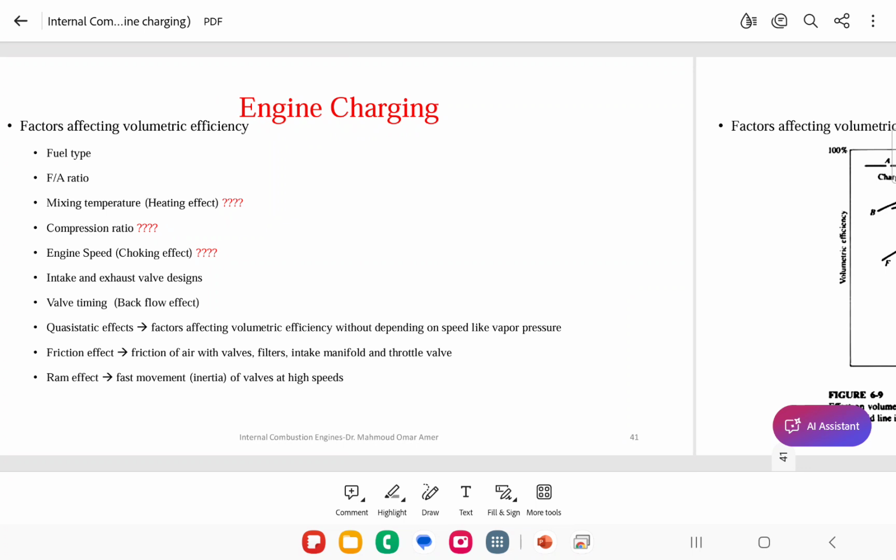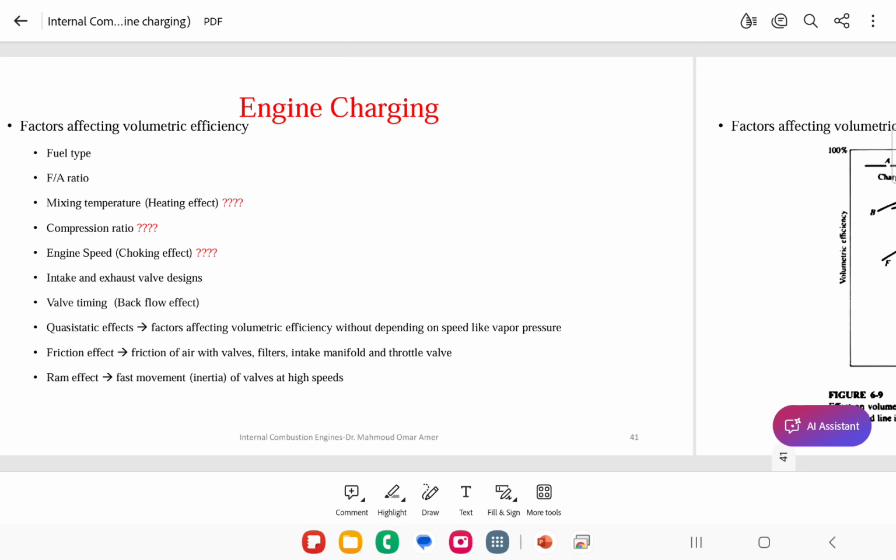What about the engine speed? As we mentioned, as the speed increases, the available time for the charging decreases. So it will start choking the engine. There will not be enough time for the engine to draw its required amount of air. So as the speed increases, the charging efficiency decreases.